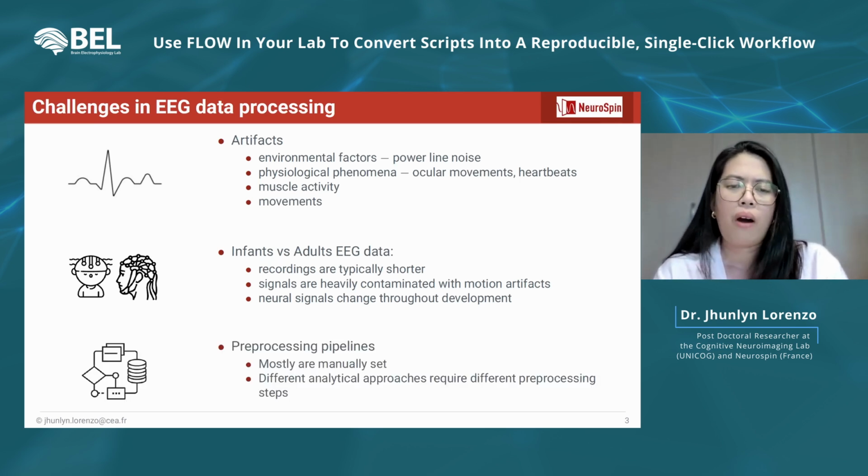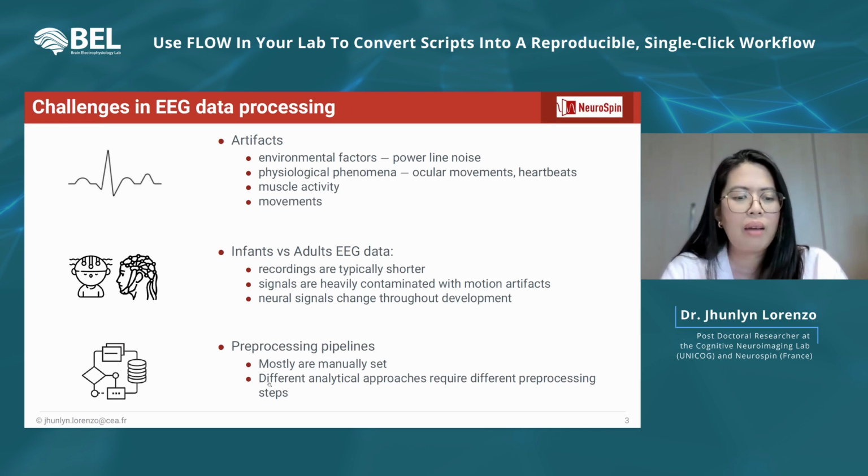But even though there are standardized pre-processing pipelines available, these pipelines were mostly developed for adults. And because of the high variability in the infants' data, pre-processing parameters are typically manually set, or artifacts are manually annotated, making it inefficient when we are dealing with a larger data set.